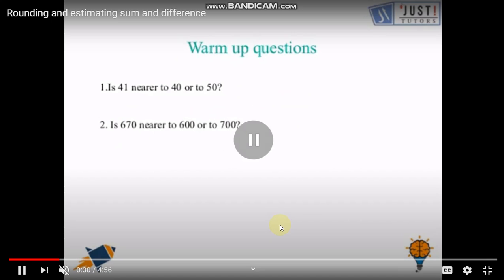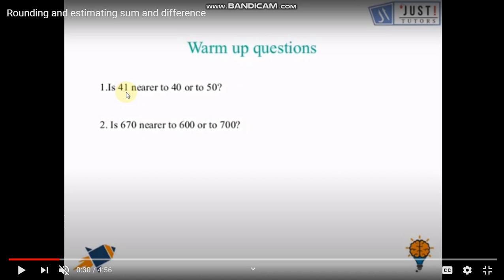So here we can recall: is 41 nearest to 40 or 50? In the number 41, the unit digit is 1 and the tens digit is 4.